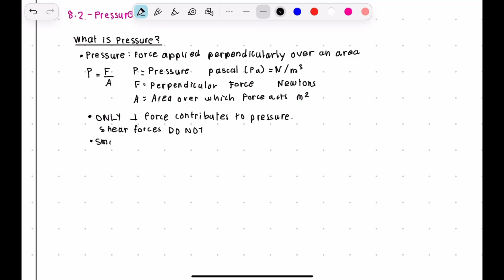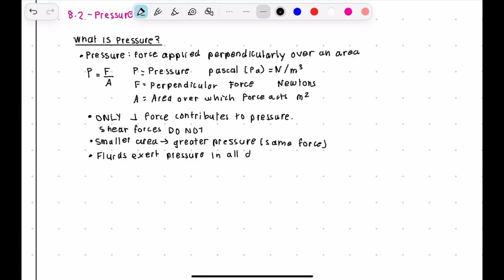Note that smaller area means greater pressure under the same force. Also, note that fluids exert pressure in all directions.